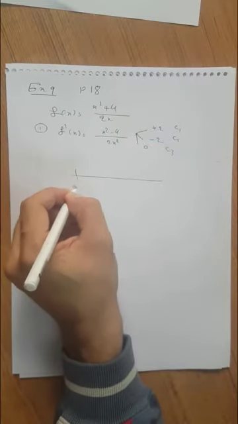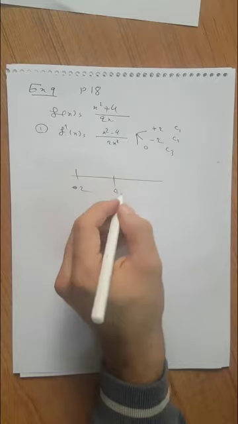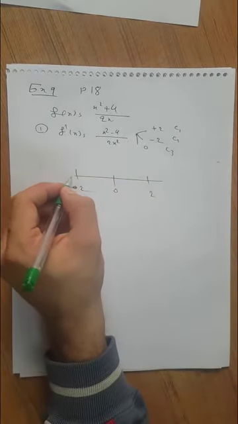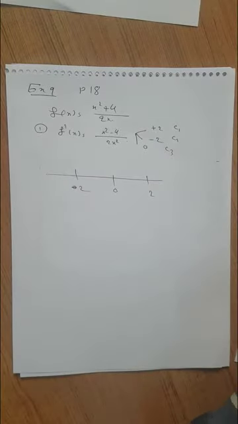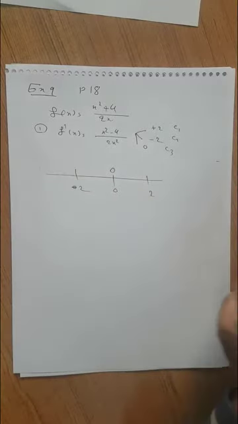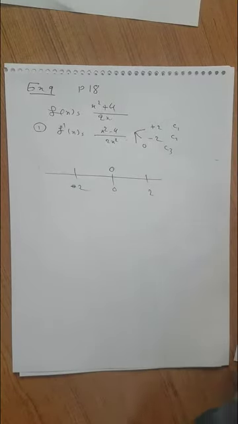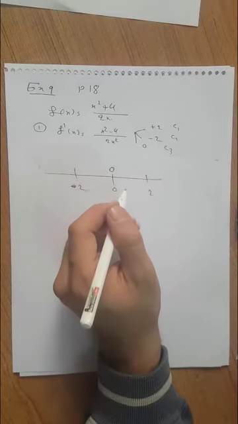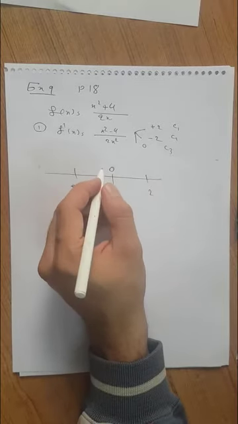So here are minus 2, 0 and 2, and do not forget this one is a vertical asymptote, not included. From here I'm going to see after 2 whether we have an increasing or a decreasing. Okay, find it. You can see here we have increase.